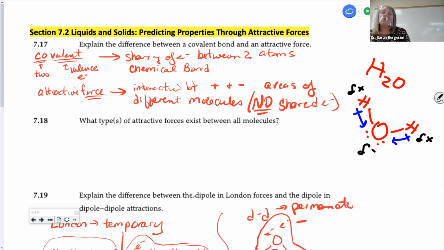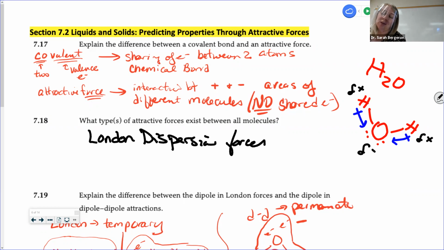There is attraction between all molecules, whether they are polar or not, but it's very, very weak. If you watch the video, what attractive force is it? How many people watched the video? You know, I want to know the answer to that. London dispersion forces.